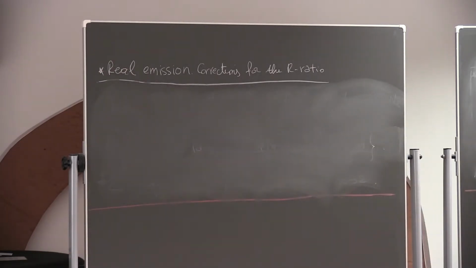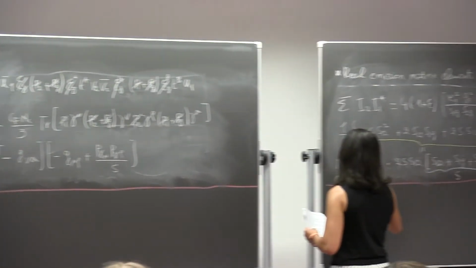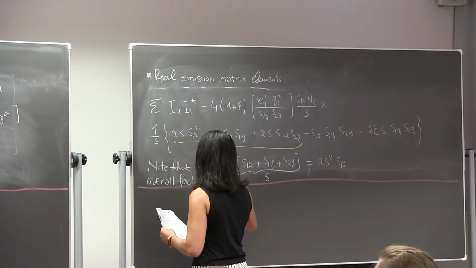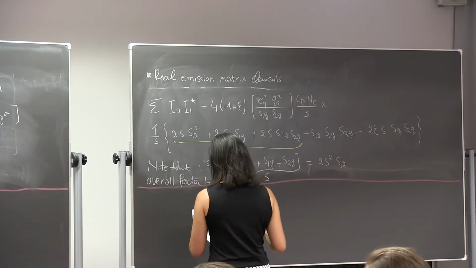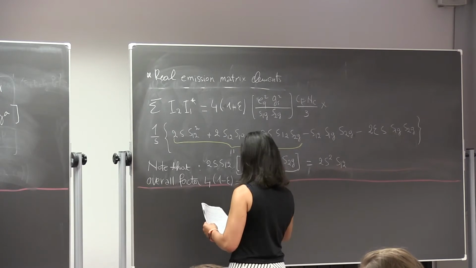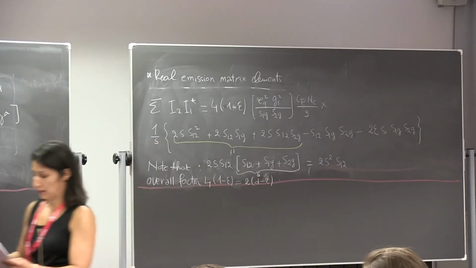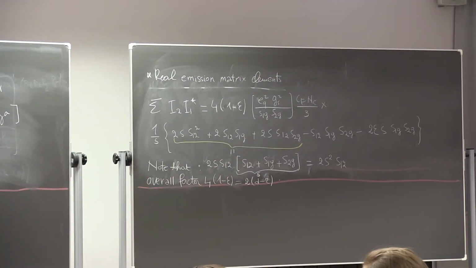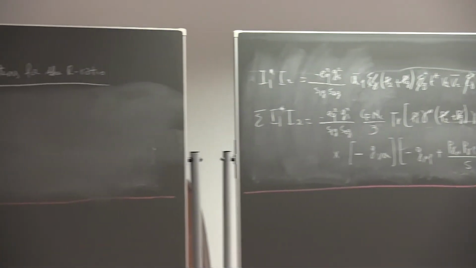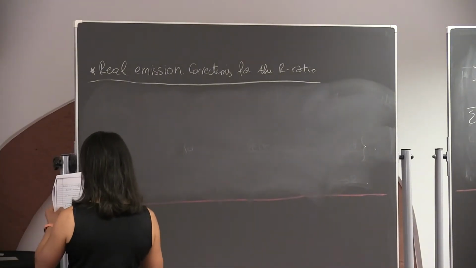I also want to write down the overall factor, which is four times 1 minus epsilon. I want to write it in terms of d, and so that is just 2 times d minus 2. Okay? And so we can write now the result for I1 star I2 plus I2 star I1, which is symmetric with respect to I1, I2. So you just interchange the labels 1 and 2.